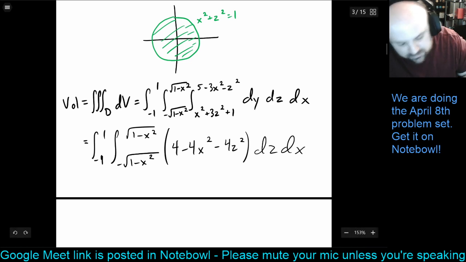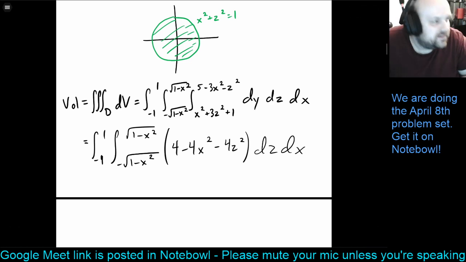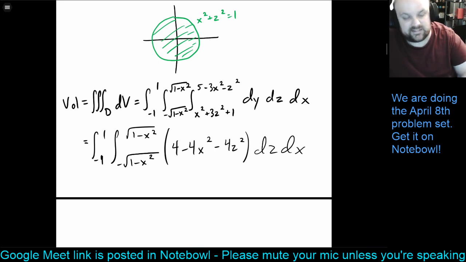So now we're looking at an integral like this, and this will be a little hint for Friday's lecture. We're integrating this thing over a disk. We can actually switch this thing to polar coordinates.